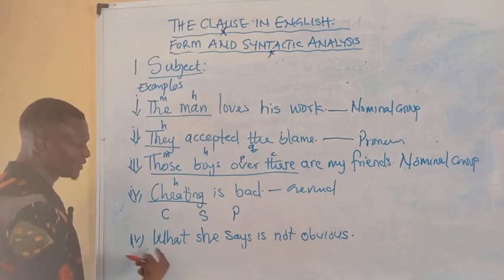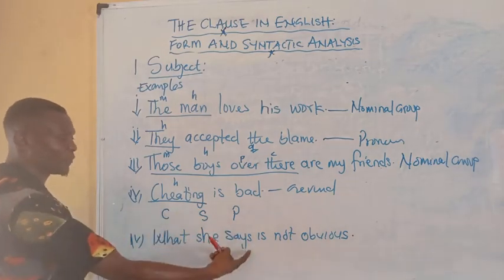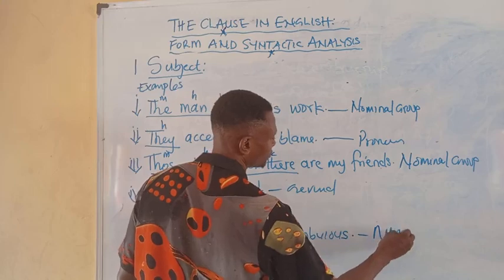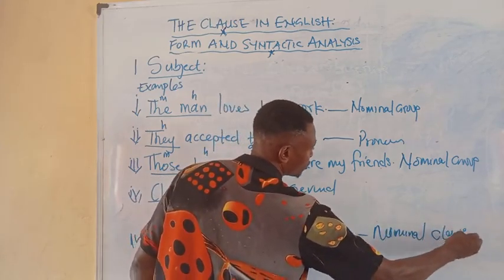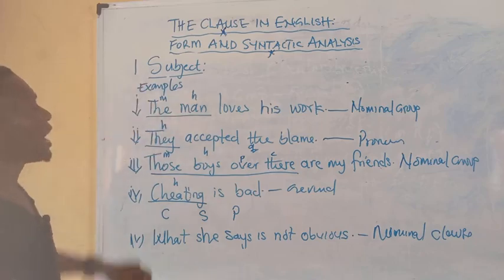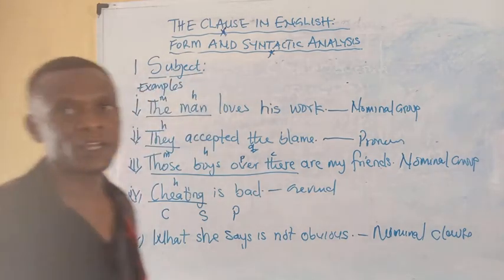So they are performing the function of a subject. The full clause performs the function of a subject, so here we have a nominal clause. Under the subject, this is the breakdown of how the subject forms the elements of a clause.